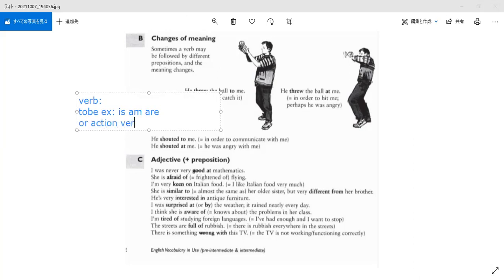action verb. So trying to explain something that's happening, action verb, right? Speaking, drawing, driving, like that.